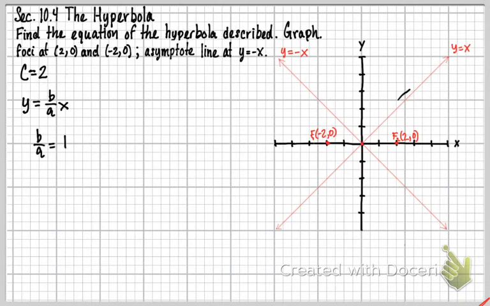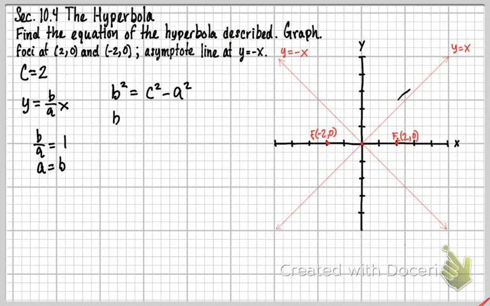So we also have b squared equals c squared minus a squared. And if I finish this out, this is going to be a equals b. And we know c is 2 here.